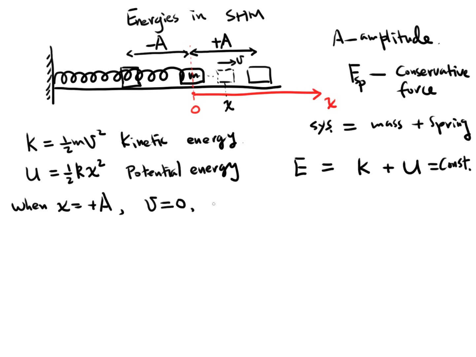And at this location, because the displacement is the maximum, the potential energy here is also maximum. So we can say K is minimum at this location, which is actually 0. And U is maximum, which is 1/2 kA squared.